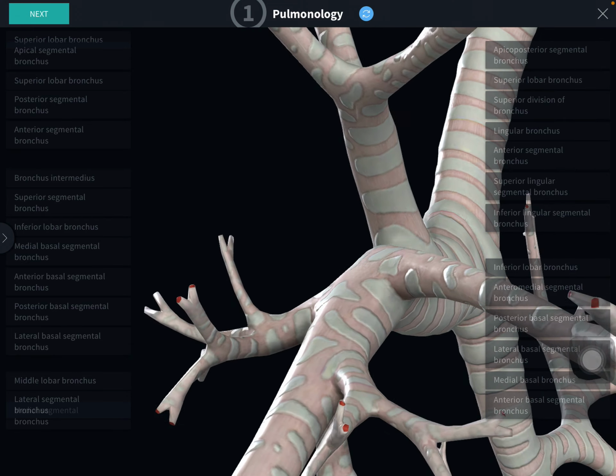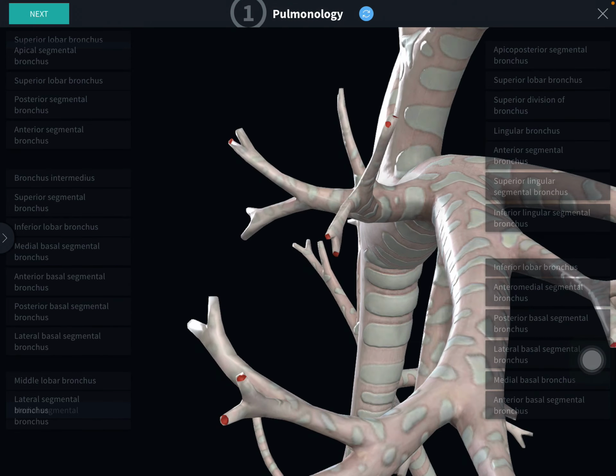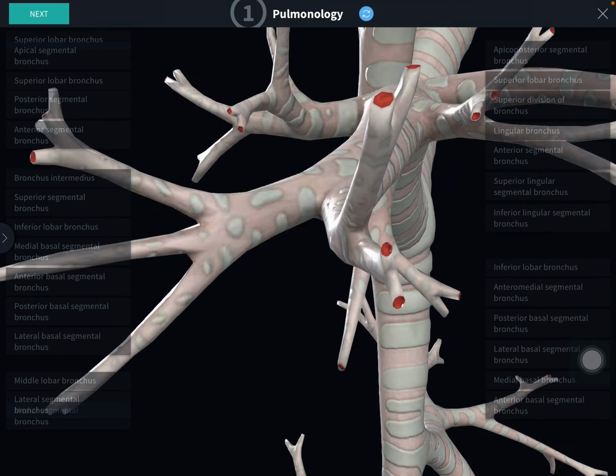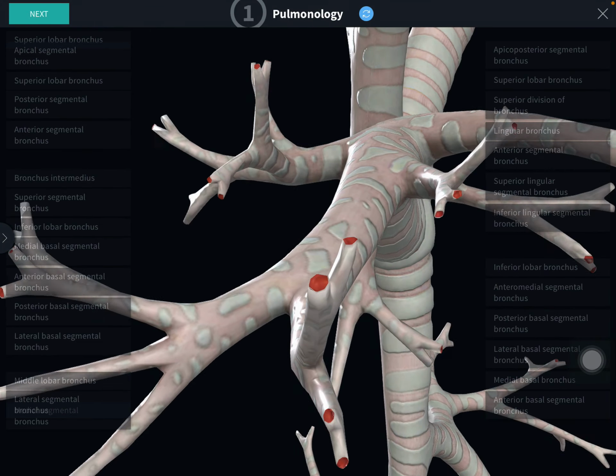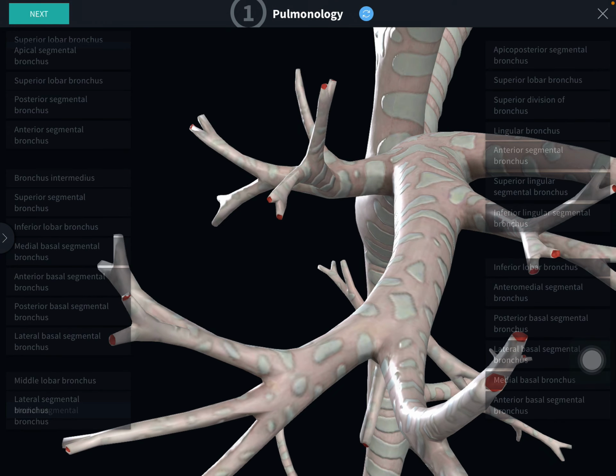The remaining part of the right principal bronchus supplies the lower lobe. It divides into 5 tertiary bronchi. So you can see the 5 tertiary bronchi from the lower lobe bronchus. Apical bronchus arises opposite or just distal to the middle lobar bronchus.